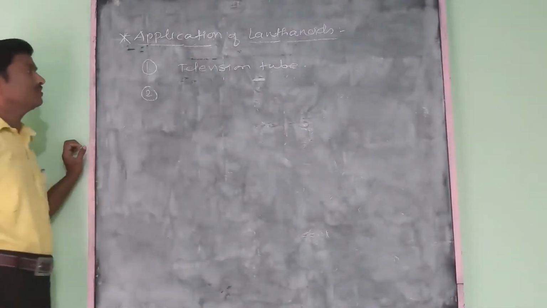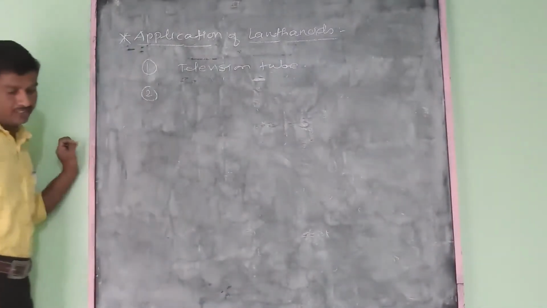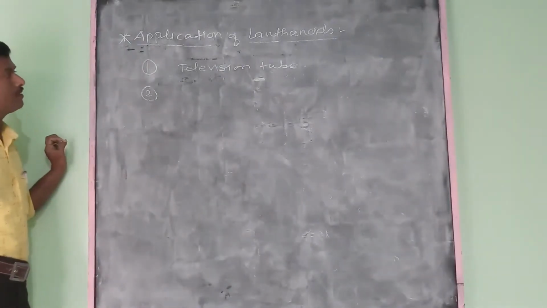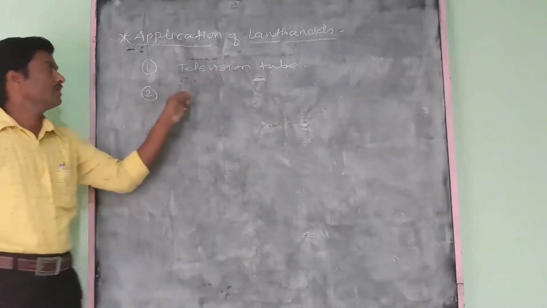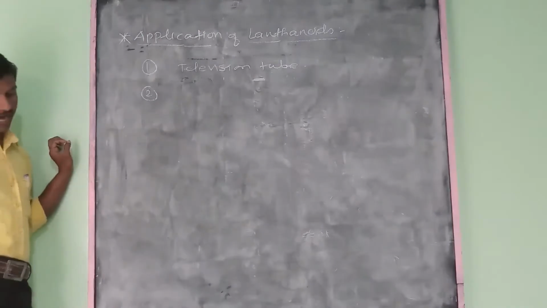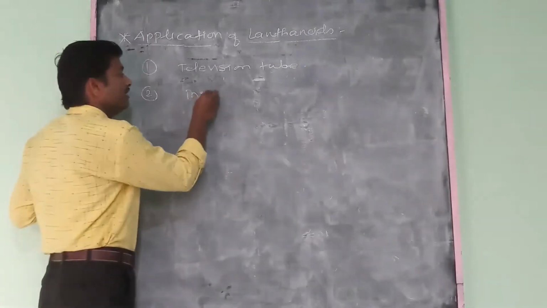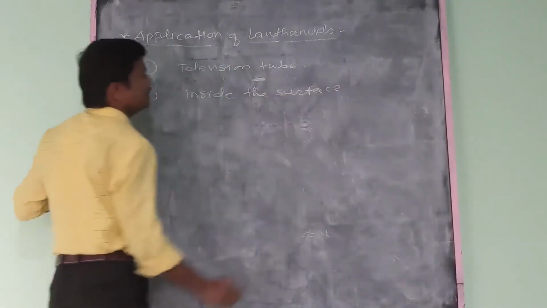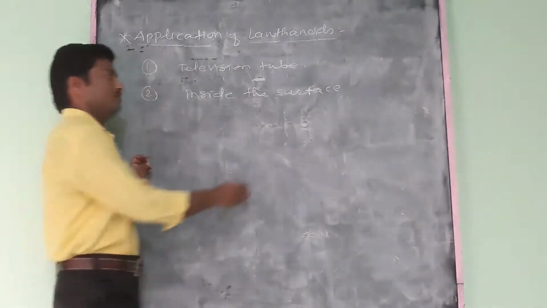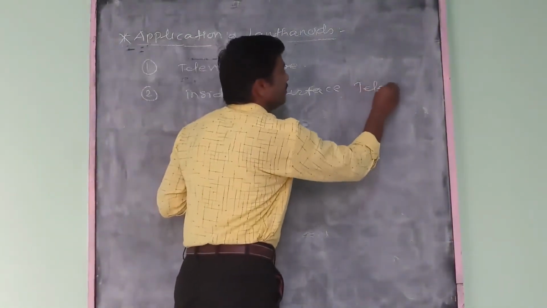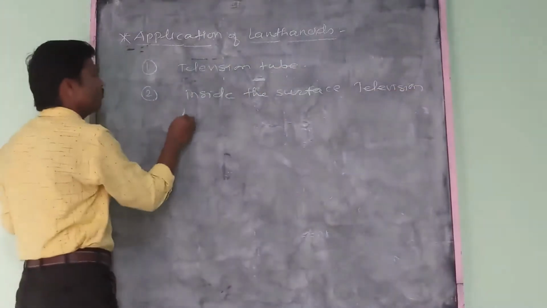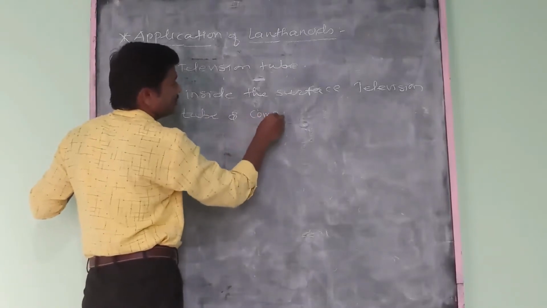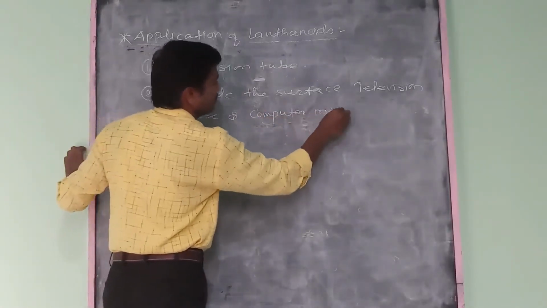Second application of these lanthanoids: if you study the application of lanthanoids, color television tube, this is the first one. Second one, these lanthanides are used inside the surface of television tube, and in computer monitors.